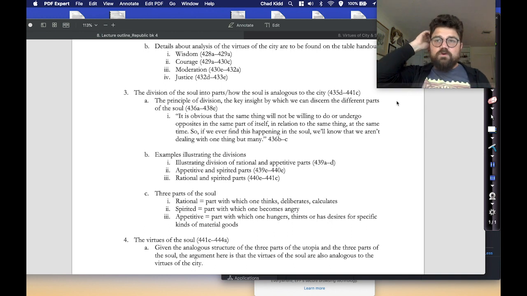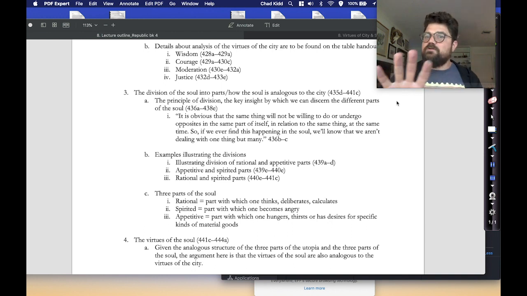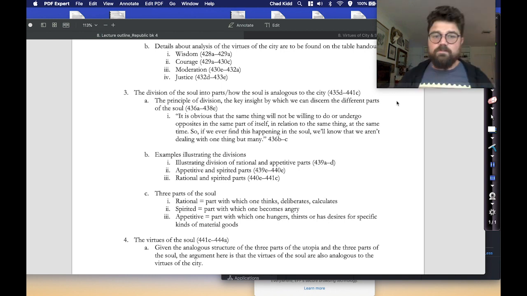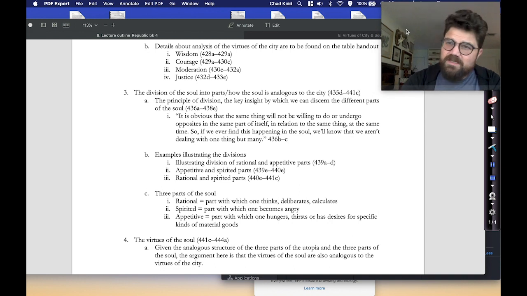Okay? So all we have to do is translate from the parts of the city and the way they work together over to the parts of the soul and the way they work together, and we'll have a picture of the virtues as they are in the soul. In order to do this, though, we have to discern the different parts of the soul. This might seem surprising to you that Plato thinks he has to do this, but this is because we live in a time whenever our understanding of the nature of the mind has grown immensely.